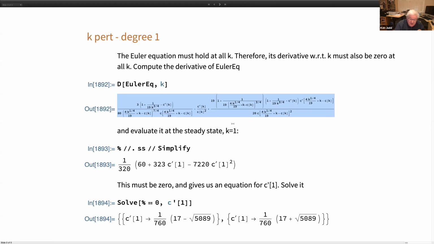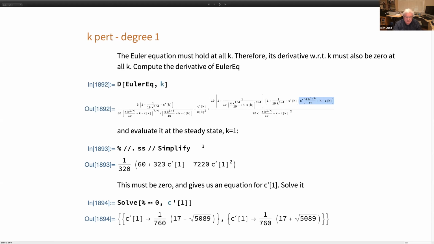Now you might say, well, gee, how is this going to help me? Because here's C prime of K, and I want to know something about C prime of K. But then look at this term. This is C prime at tomorrow's capital stock. So this is C prime not evaluated at K, but at some other value. How am I going to solve for C prime at K without solving for C prime at these other values?